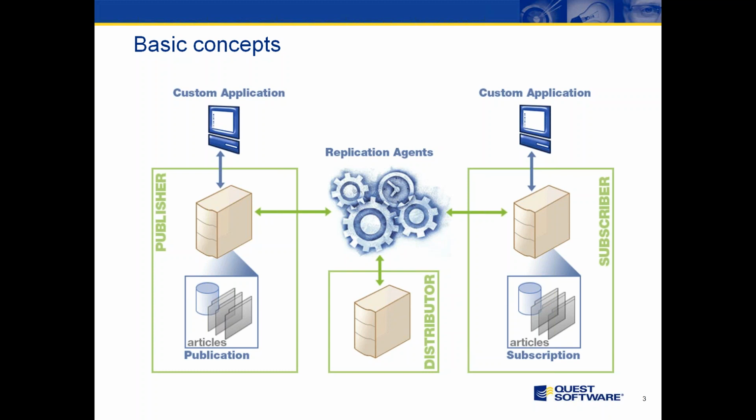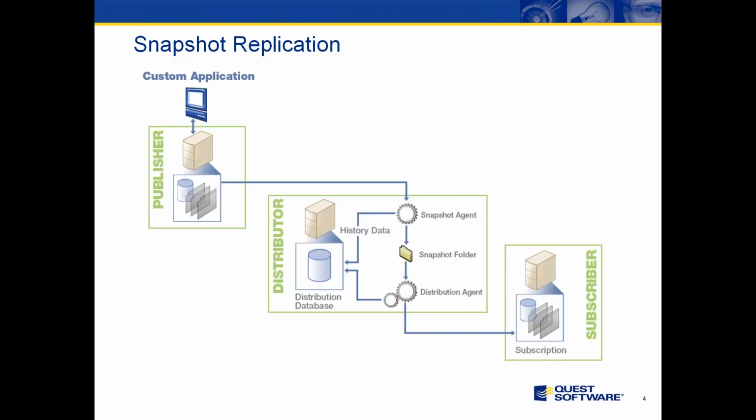So let us jump on to the types of replications we have, and how each replication works. First, we're going to talk about snapshot replication. Snapshot replication is a very simple replication where you have a publisher with articles, and on the right hand side a subscriber with the same articles.